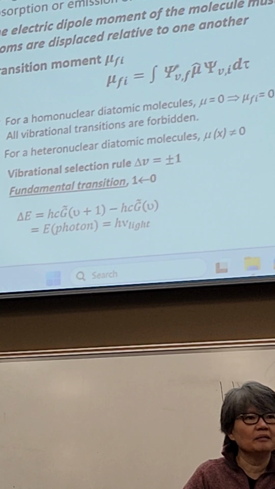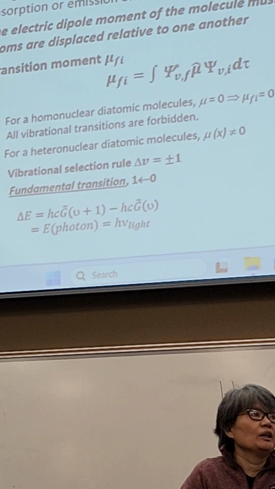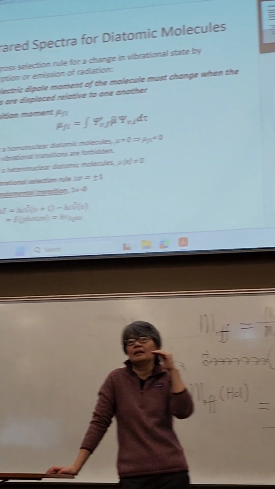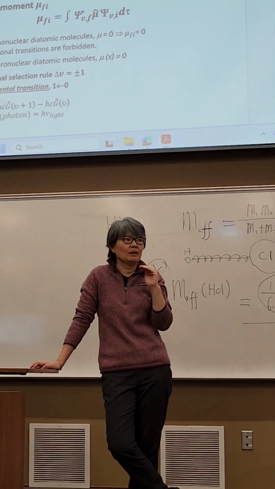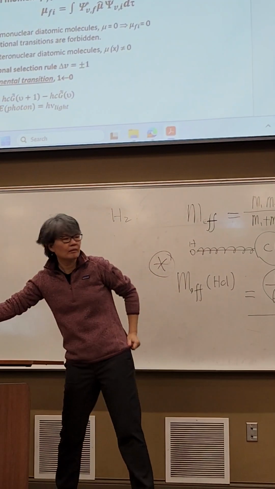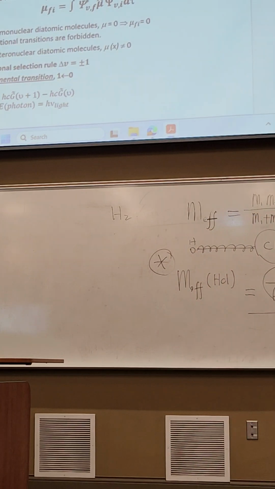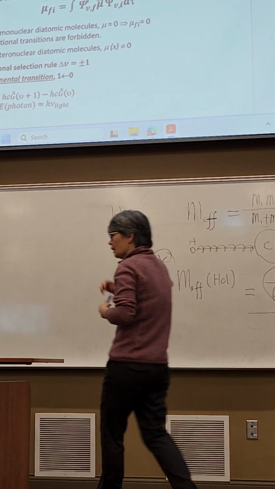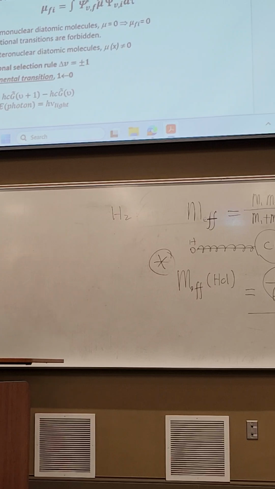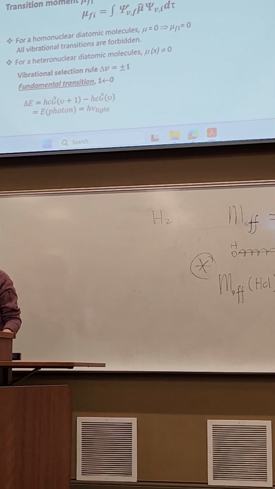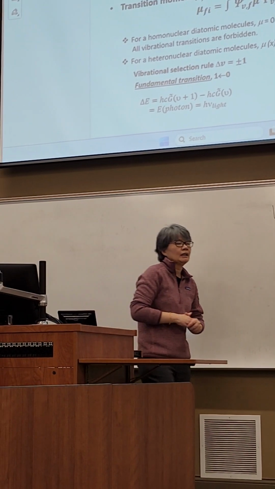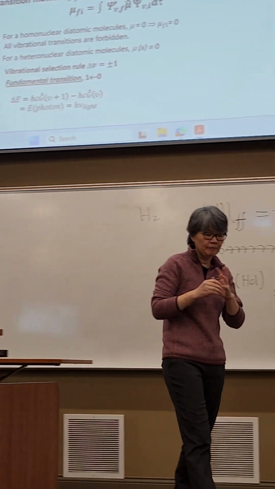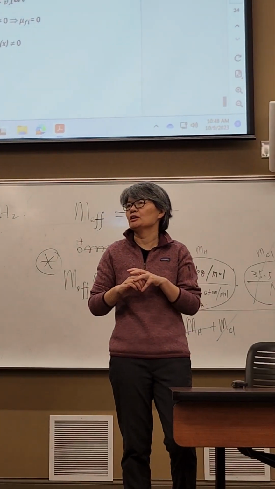That tells you it's jumping from V equal to 0 to V equal to 1. So this transition we name the fundamental transition. All right, I think that concludes our discussion of the harmonic oscillator and the diatomic vibration function.